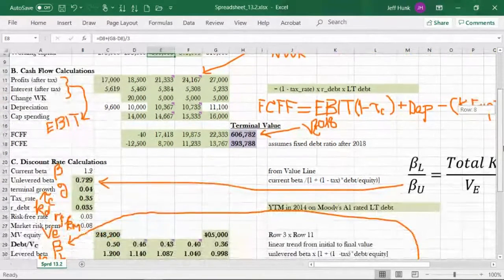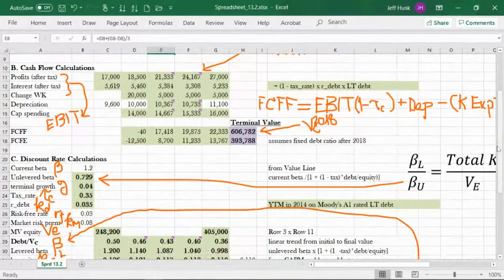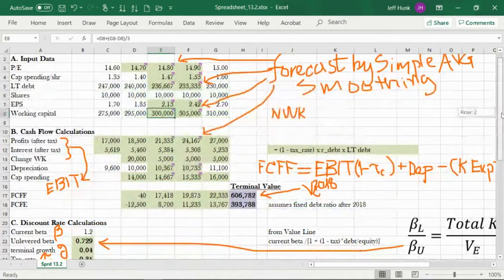Let's move on to the free cash flow forecast, because that's what we need, because this is a free cash flow model. And then we will need to find free cash flow to the firm, free cash flow to the equity holders, and so on, right?